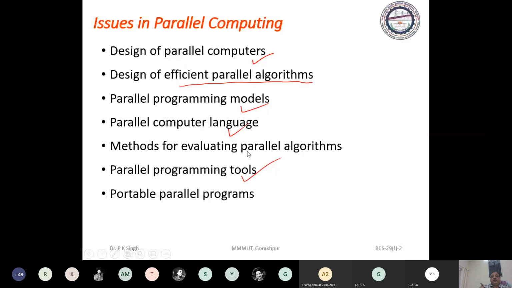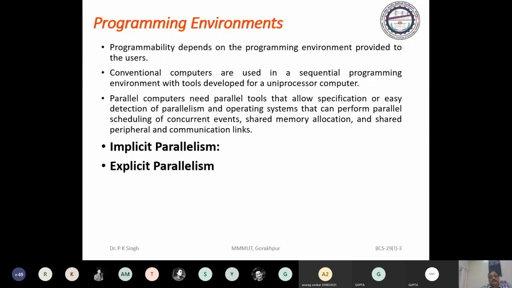Now, at the end of the classification of the architectures, I just told you about the programming environment, meaning how we program such a machine. There are two ways to program such a machine, to exploit the parallelism available on the machine.